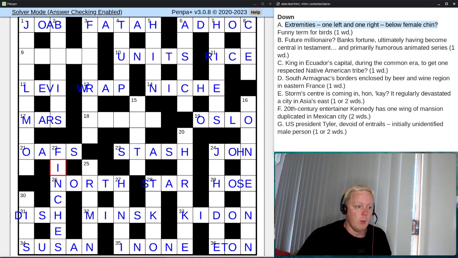No, that would hint at breasts below female chin. And so we need a word that means breasts but also means birds. Now there are two words like that. And one of them, a booby, is a bird. So boobies would mean both of those things. And it is a funny term for birds. I don't care what you say, it is a funny term.